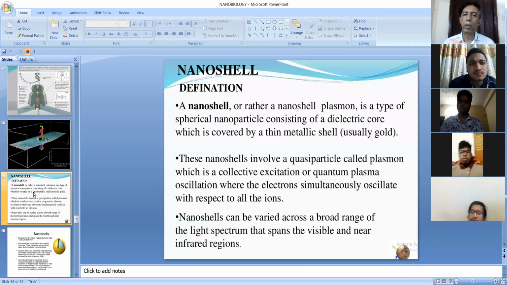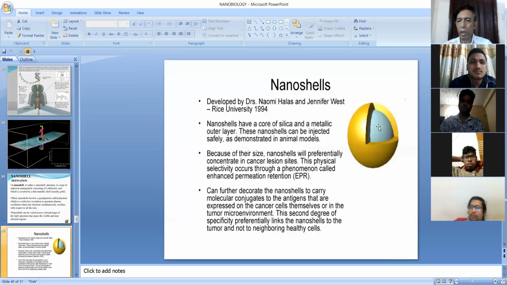Next one is nanoshell. A nanoshell means it is a shell. It has a shell and it has a core.